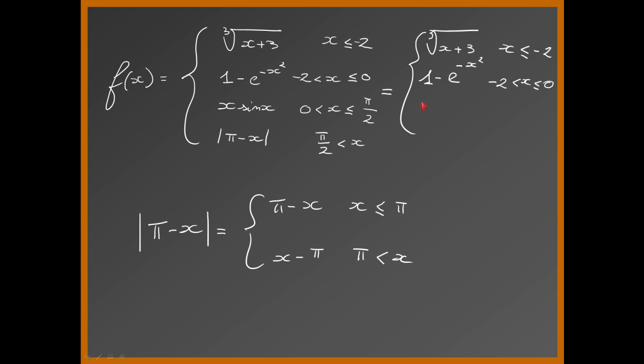It is equal to x times sine of x when x is between 0 and pi over 2. And it is equal to pi minus x when x is less or equal than pi, while it is equal to x minus pi when pi is less than x.